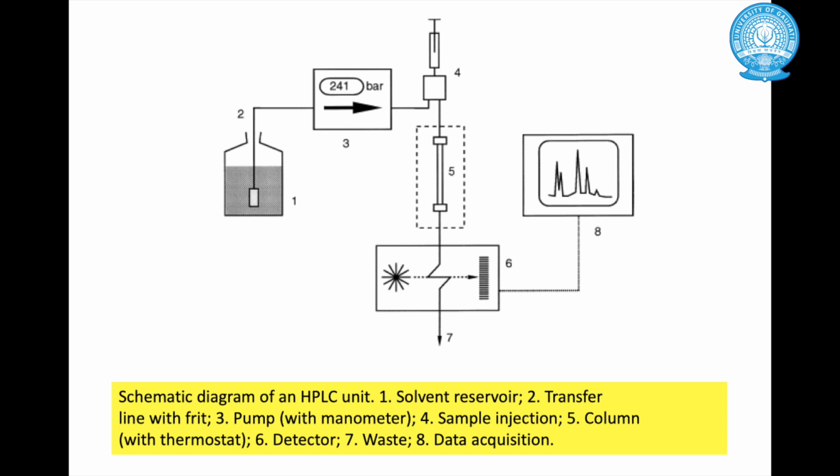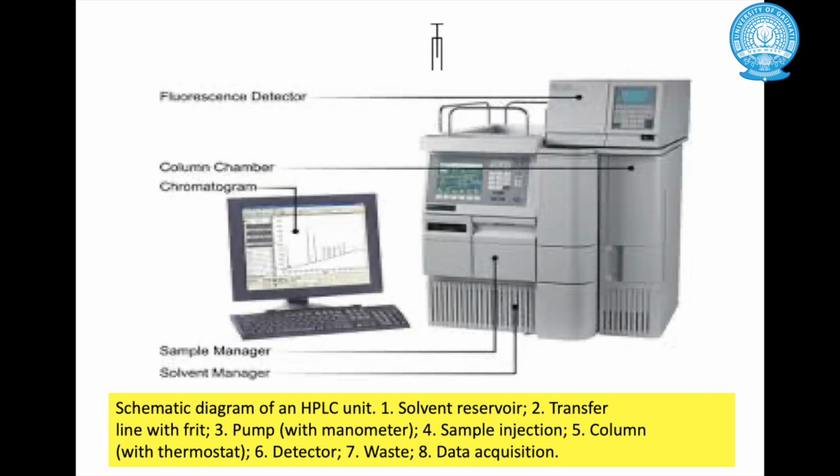There is a refractive index detector which is commonly used for quantifying or detecting lipids, fatty acids, triglycerides, and other such compounds. In this RID refractive index detector, the limit of detection is up to 10 raised to power minus 7 gram per ml.